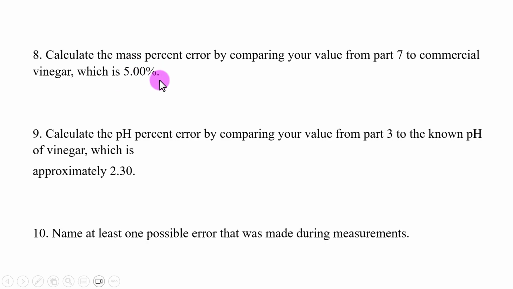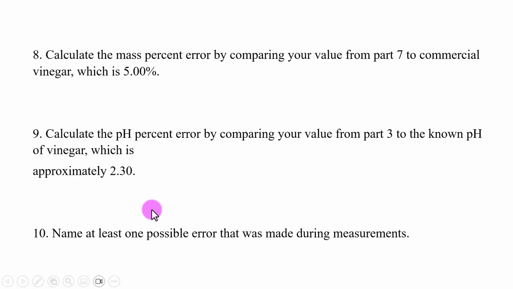And by now you should know how to do that because we've done it in every lab where you have the literature value or your actual values, same thing, minus the experimental value, which you found in part 7, divided by the actual value times 100. Make sure that these are reported as positive numbers.